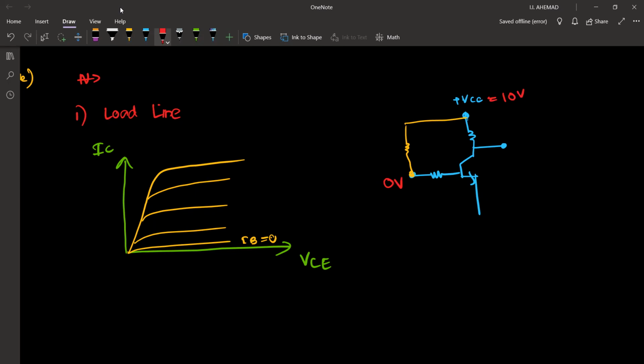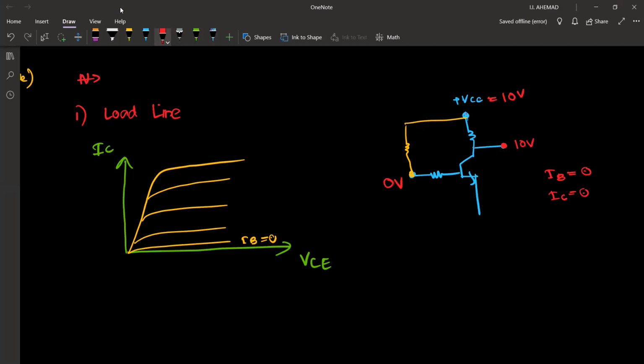So if this is 0 volts, what can you tell about IB? IB is equal to 0. If IB is equal to 0, IC is equal to 0. If IC is 0, is there a potential difference between these 2 points? There is no potential difference. Therefore, this voltage is going to be 10.